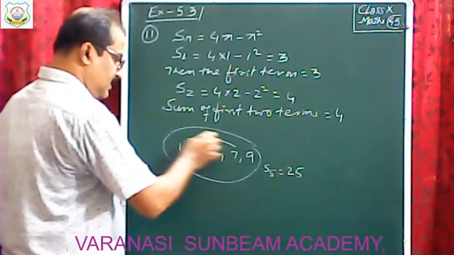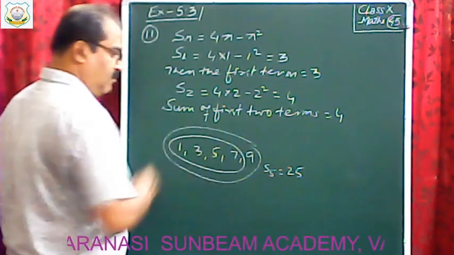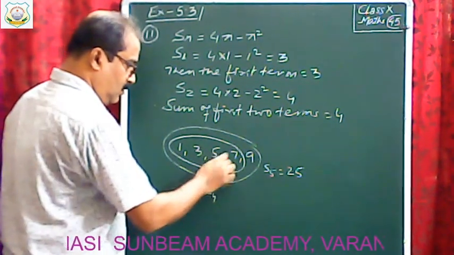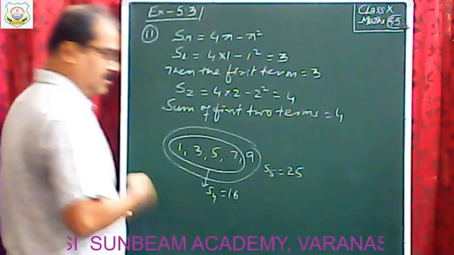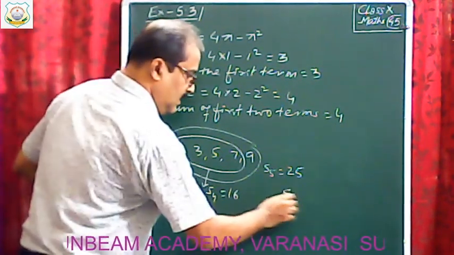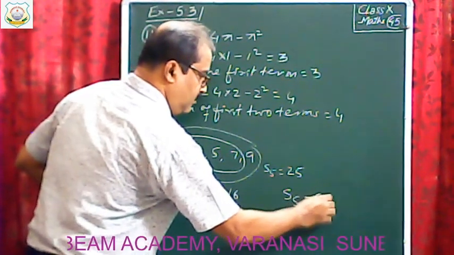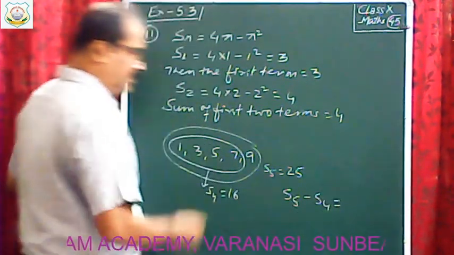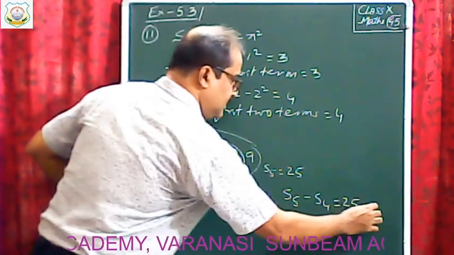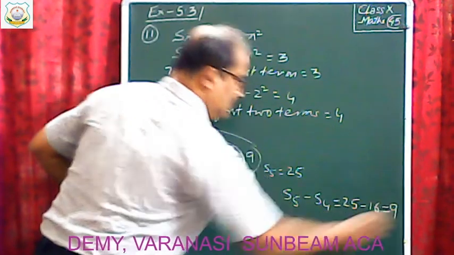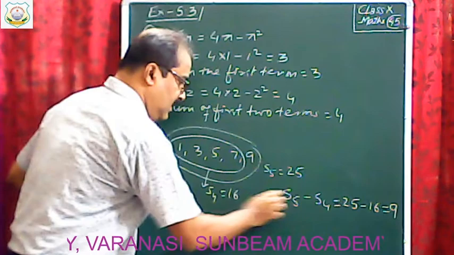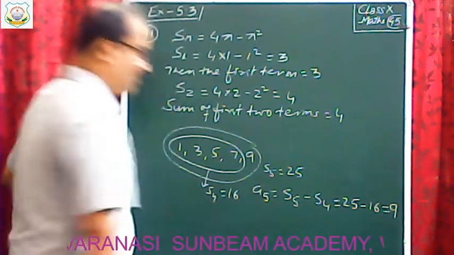In the same AP, the sum of first 4 terms is S4, equal to 4 square, 16. Thereafter S5 minus S4. S5 is 25 minus 16. What do we get? 9. So 9 is which term of the AP? Fifth term, and we get A5.